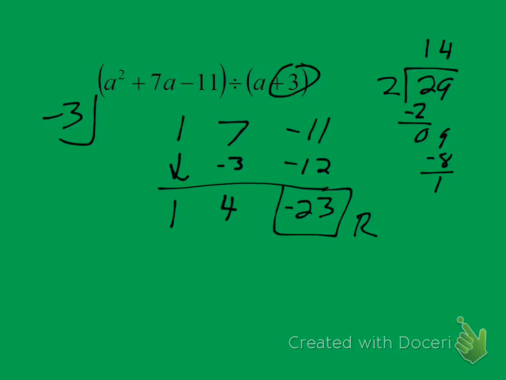Fractions. And how did you write this fraction? You wrote it as the remainder over what? The remainder over what you divided by. Okay? So you're going to do the same thing here.